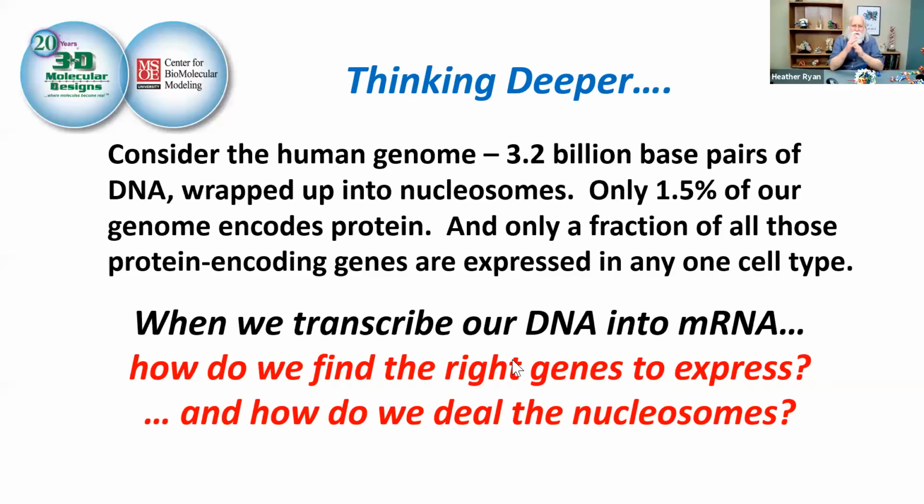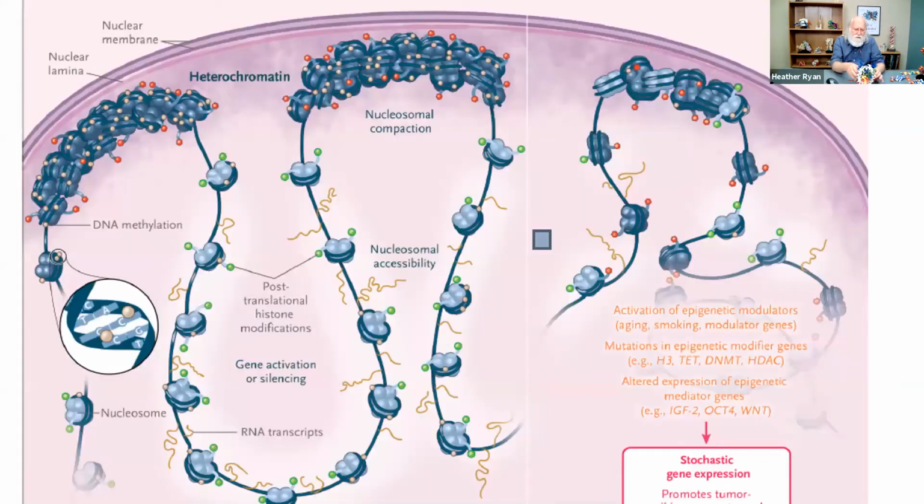Only 1.5%. All right, so imagine then in the nucleus, we just have this image from David Goodsell where most of our DNA is wrapped up into nucleosomes. And that kind of makes sense because we only need 1.5% of it to be accessible to an RNA polymerase.